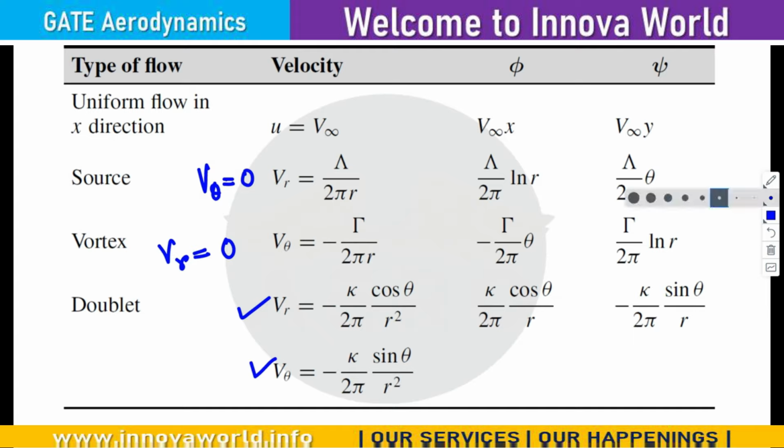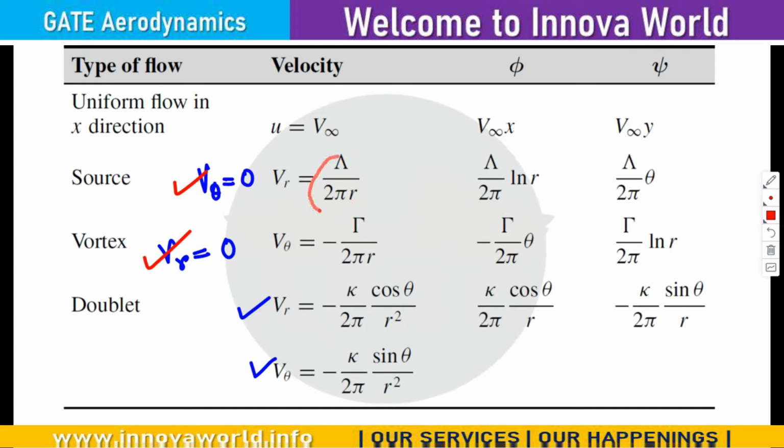Here I use some shortcuts to remember these formulas. This is very easy to remember for the velocity: for source the tangential will be 0, and for the vortex radial will be 0, and the formula is a constant by R.